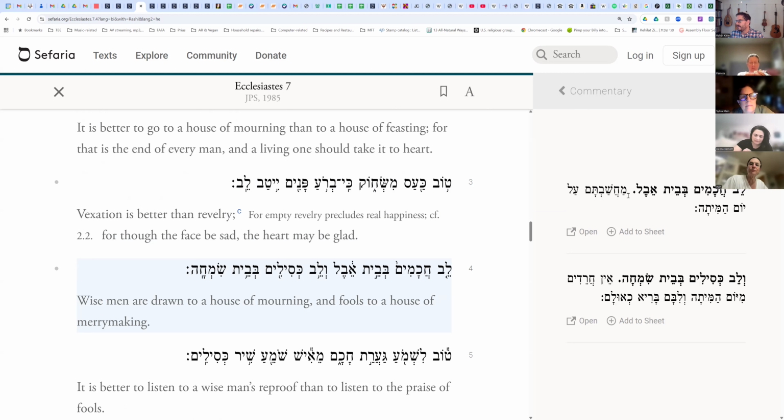On Hoshana Rabbah, we say that the waters are judged. And so there is a way in which life and death, even if it's the holiday of tremendous joy, is embedded in the reading of Ecclesiastes, which is always read on the Shabbat in the middle of Sukkot.